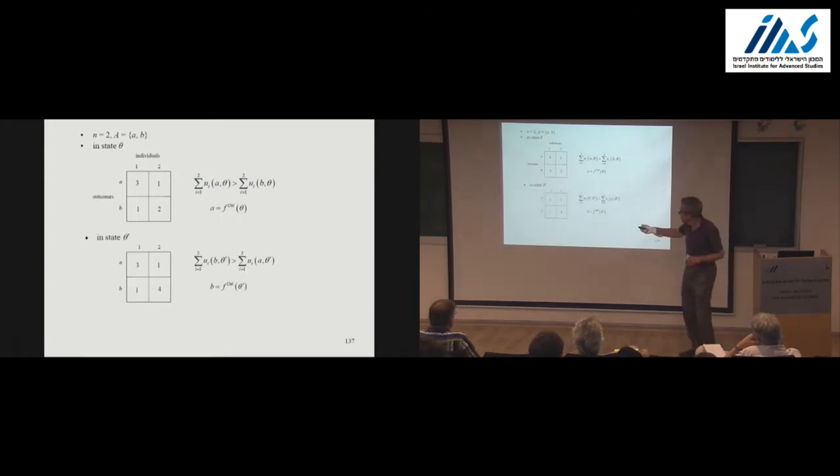But in state theta prime, we've actually only changed one of the payoffs. We've changed this payoff from 2 to 4. Now, B is the utilitarian optimum because 1 plus 4 is bigger than 3 plus 1. But notice that we haven't changed the way that either 1 or 2 ranks A and B. In this state, person 1 ranks A above B, 2 ranks B above A. Same thing down here. So the ordinal rankings haven't changed. So that shows that utilitarianism violates monotonicity.